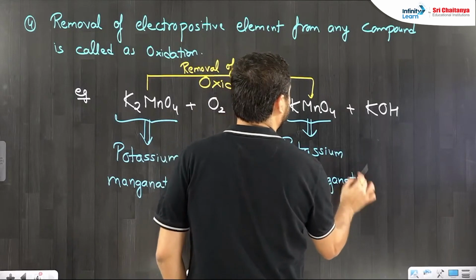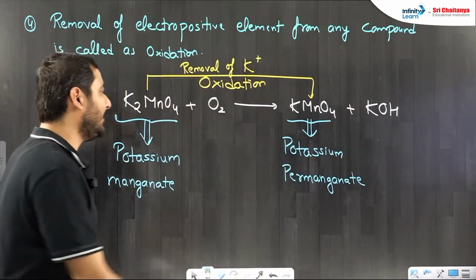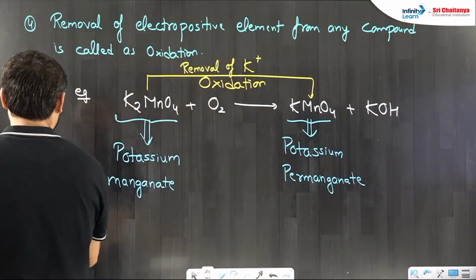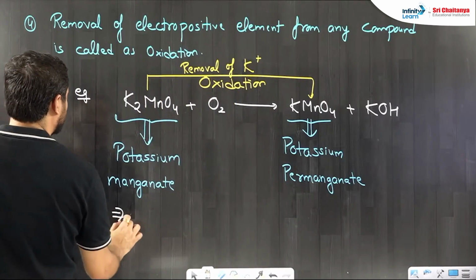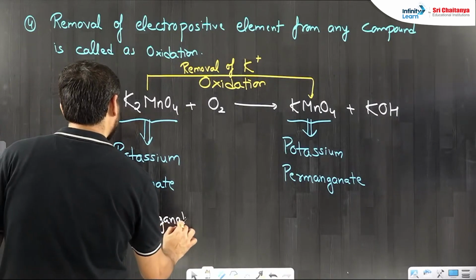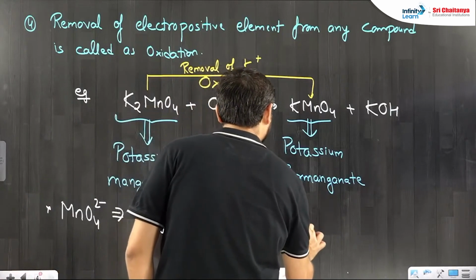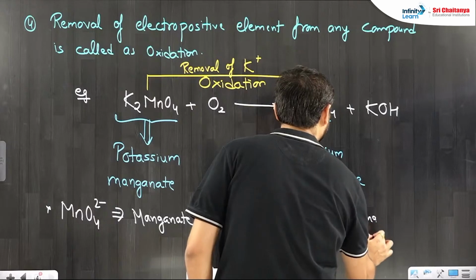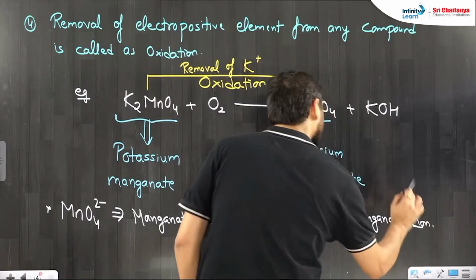Just remember these names also. The reason is that the MnO4 2 negative ion is called the manganate ion, and MnO4 negative is called the permanganate ion.